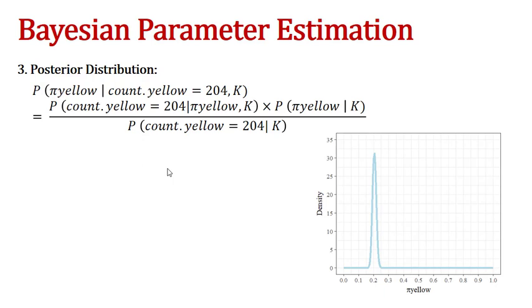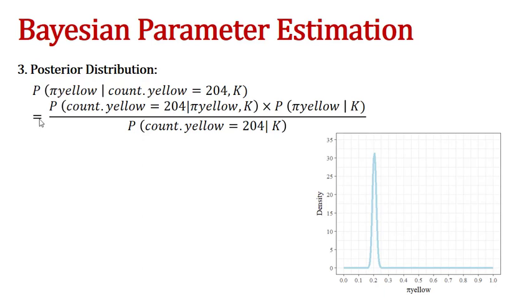In the previous explanation, we didn't know what the count of yellows we would find in our sample, but now we know it's 204. So of the 1,000 people, 204 said they would vote for the yellow party. So this is the posterior: what's the probability of each value of pi yellow, given that the count of yellow in our sample was 204, and always remember background knowledge.